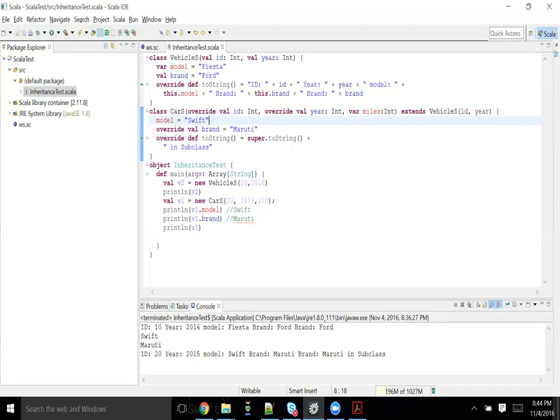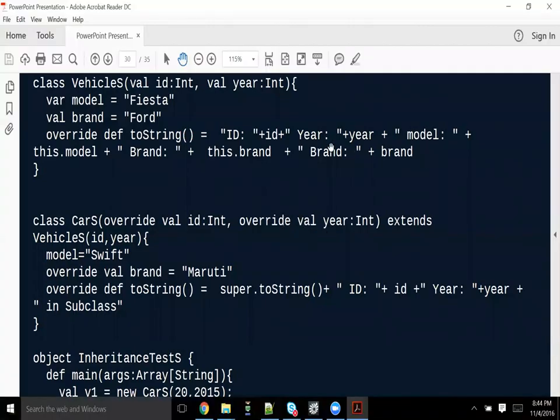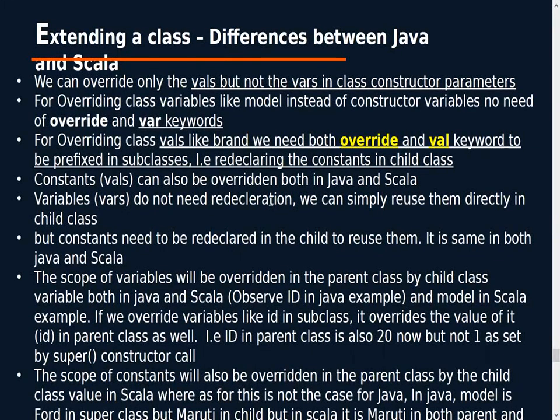Okay. So this is the only Scala part of inheritance I talked about. Just to summarize, we can override only vals, but not vars in class constructor parameters that we have seen.